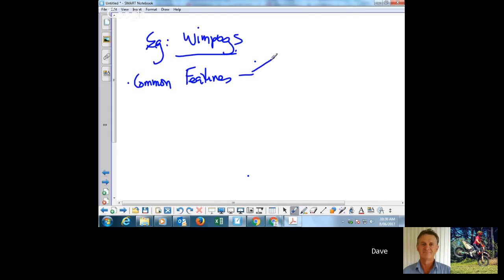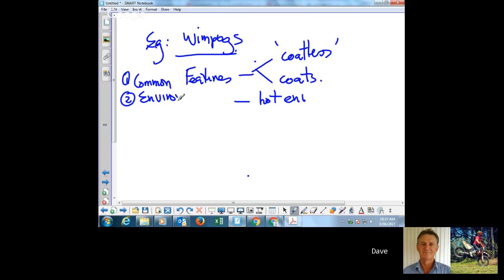So we had some were coatless, and some had coats. And the other feature is living in a hot and dry environment. Well, that's our second point. We'll number these. That's 1, 2, the environment was a hot environment.